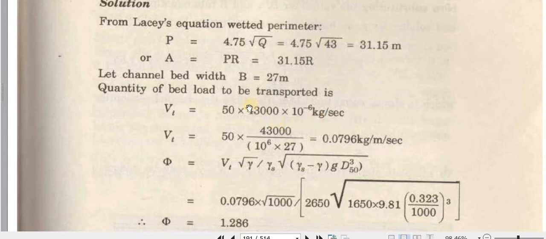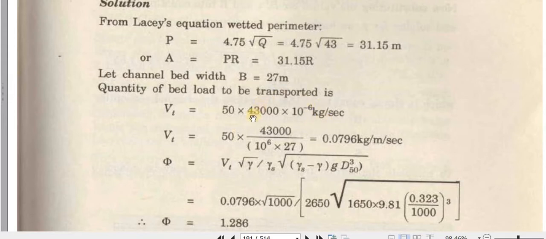When we multiply it with discharge, if it is 43 cubic meter per second, multiply it with 1000, it will be converted into liter per second. Now I repeat, it is 50 into 10 raised to power minus 6 kilogram per liter.